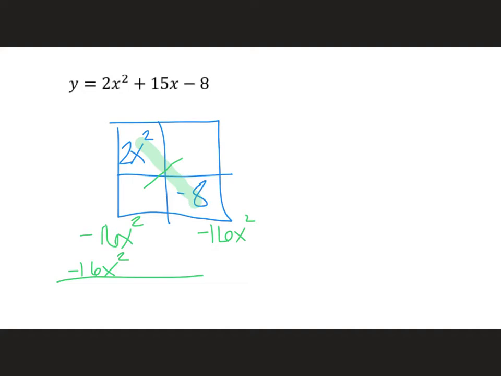So we could have 16x and negative 1x. We could have 8x and negative 2x. We could have 4x and negative 4x. And then I could also have negative 16x, positive 1x, negative 8x, and positive 2x. But I know that those would create a negative sum, and I need a positive sum to make positive 15x here in the middle.